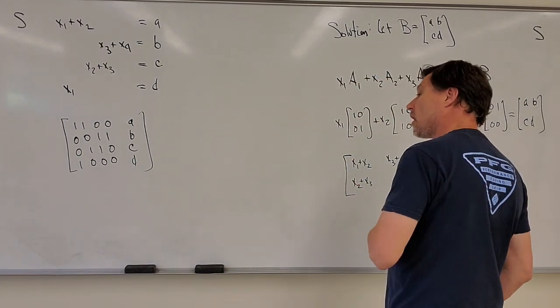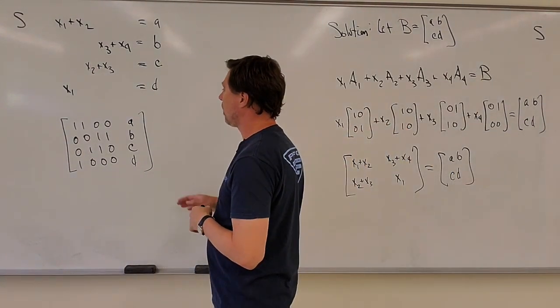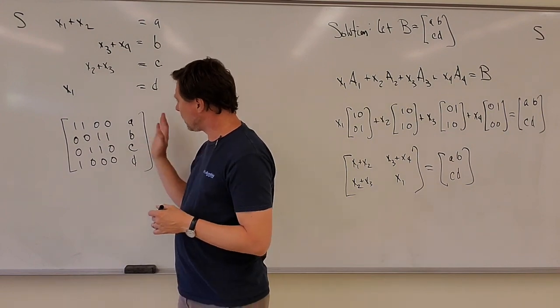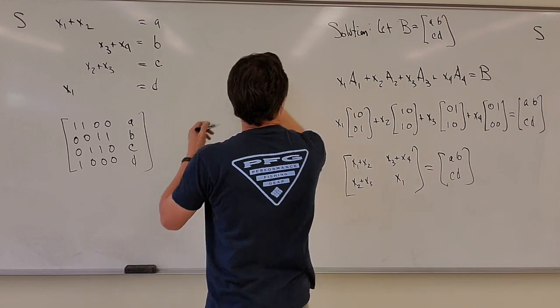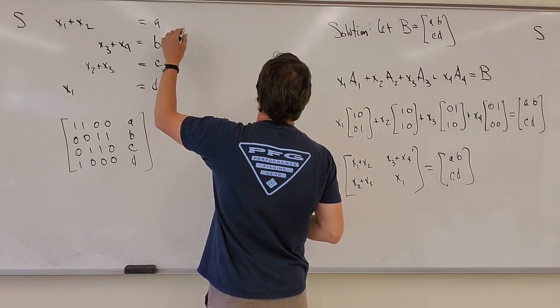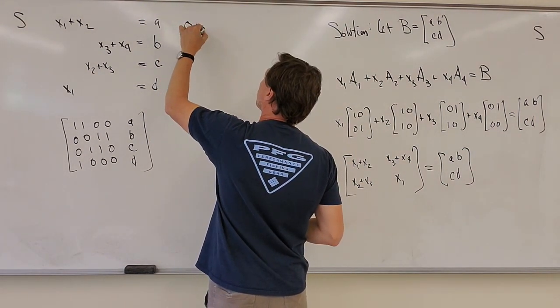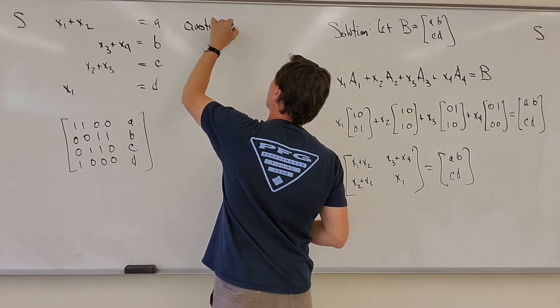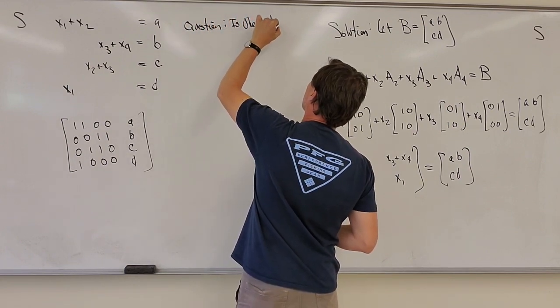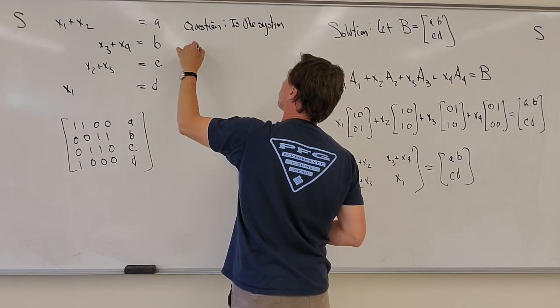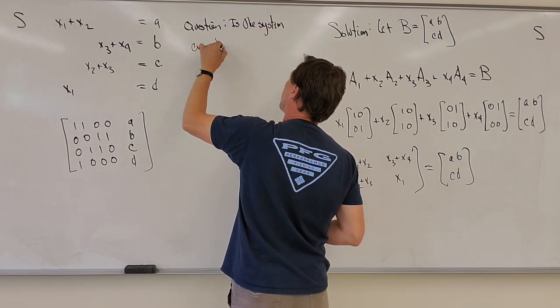And one thing we know, the question now is whether this system is consistent. So maybe let me write that out. So the question now is, is the system consistent?